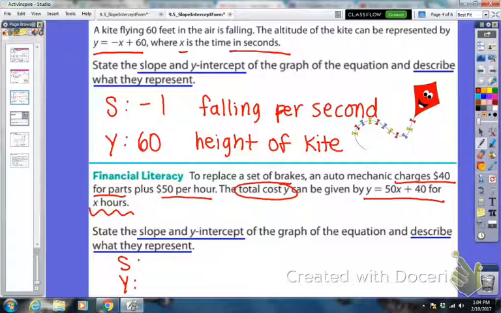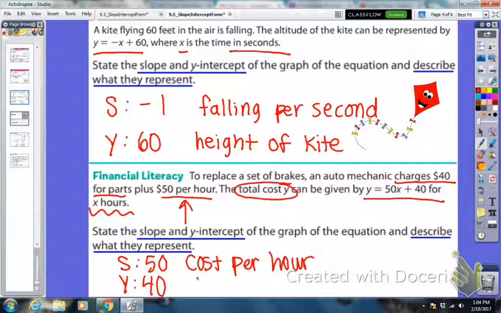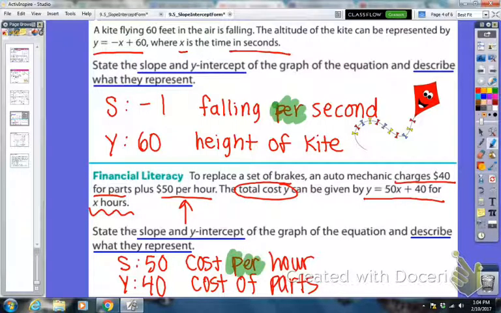My slope is going to be the number in front of x, which was 50, and if you read the problem, it is the cost per hour. And the y-intercept is 40, and that was the cost of the parts. So if you notice, both rates and both slopes contain this word per, okay?